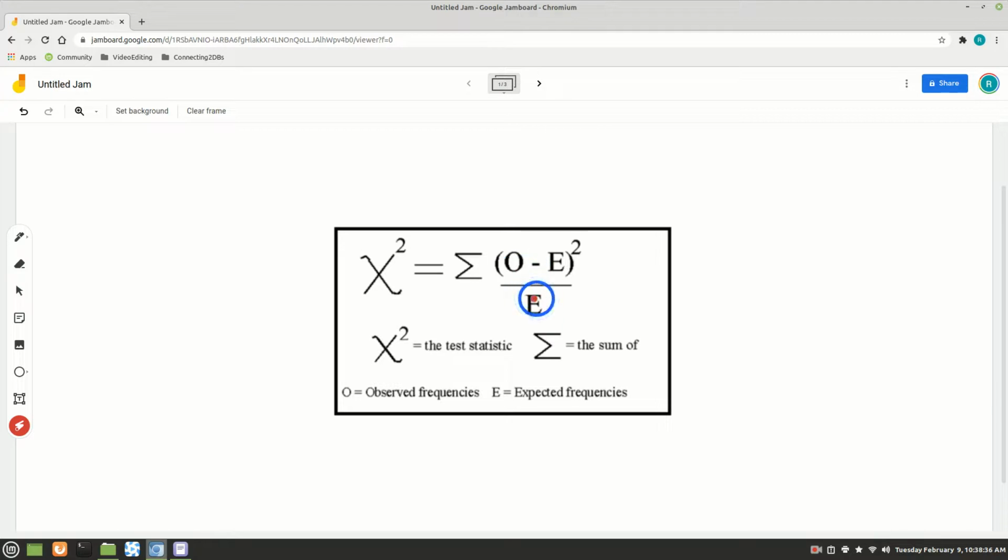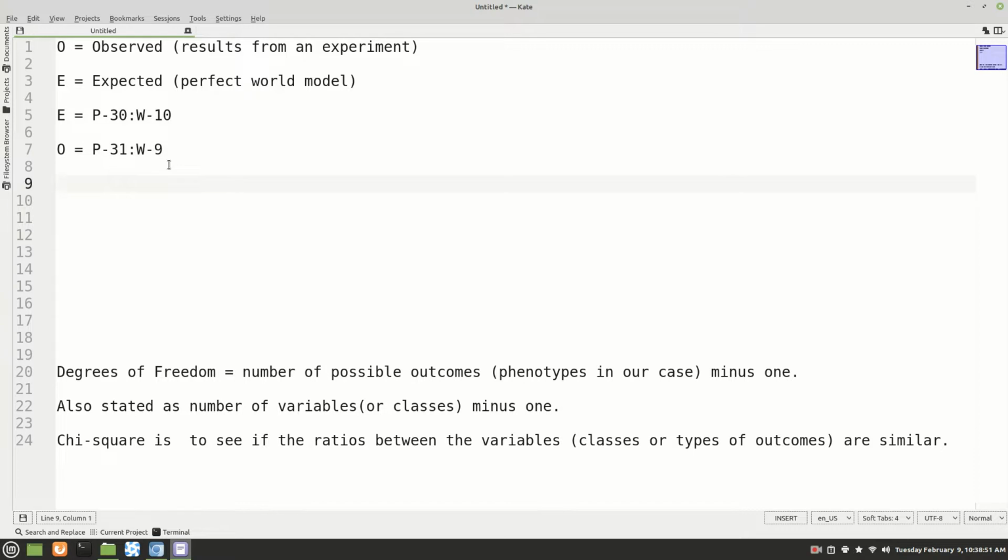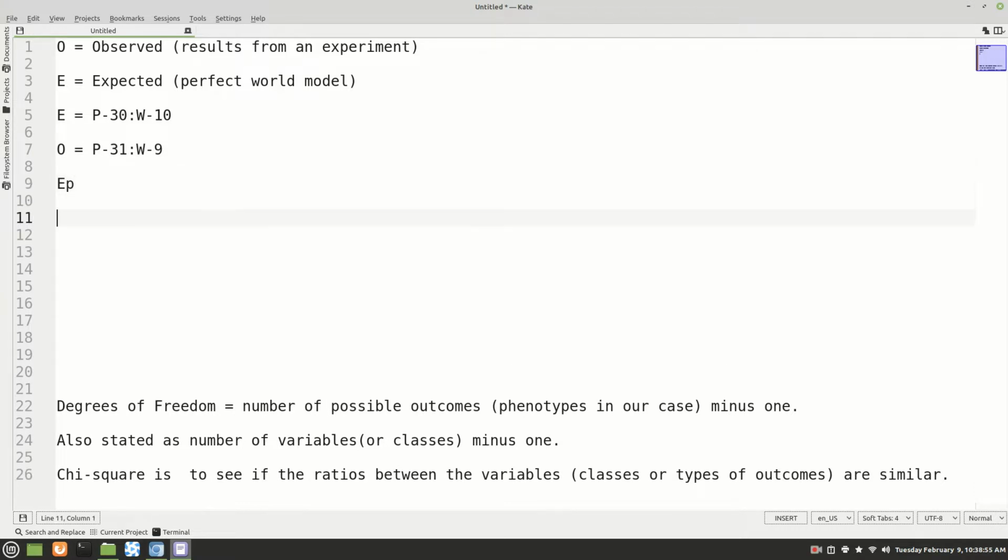But what numbers do you put in? Well, you put in the numbers for the purple and then for the white. So you can think of it this way. There are two E's. There's EP, and then there's EO.